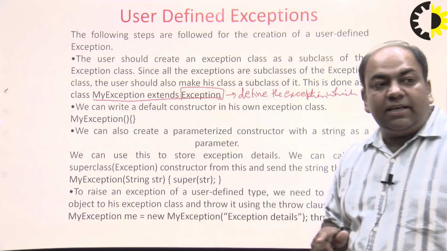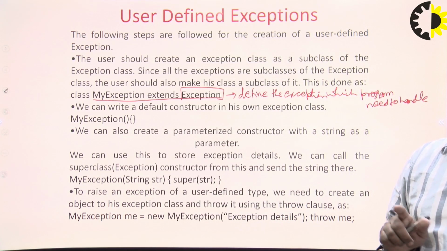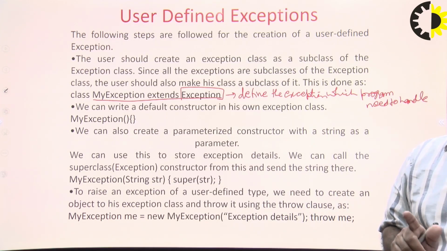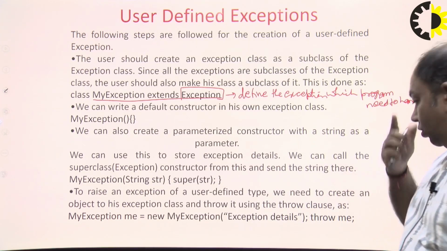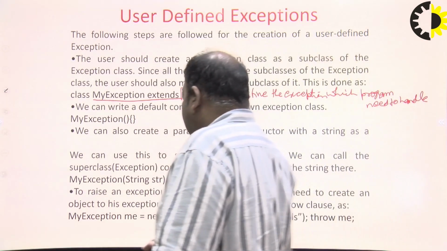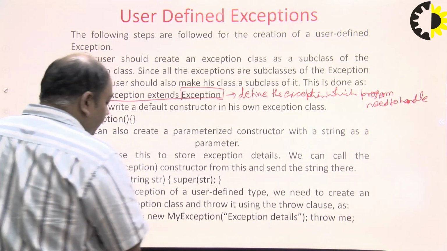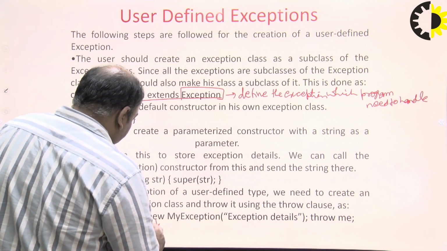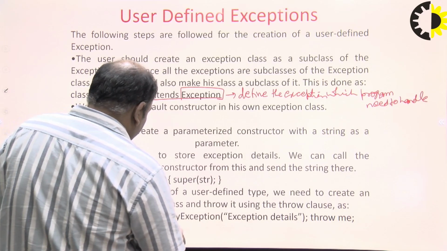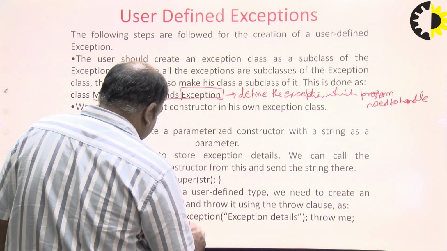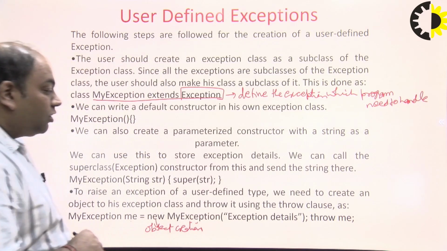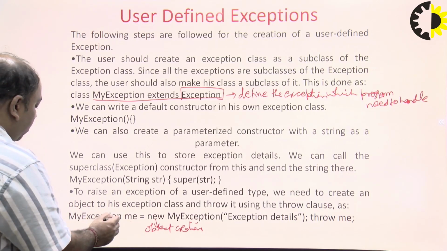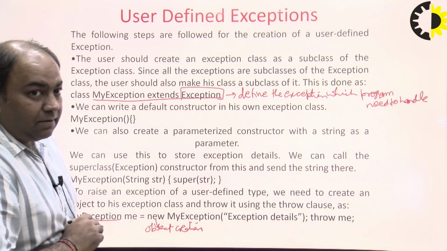To raise an exception of a user defined type, we need to create an object of this exception class and throw it using the throw clause. Like I have created an exception with the name me. We create an object by using the new keyword, which is used for object creation, here the object creation of MyException.